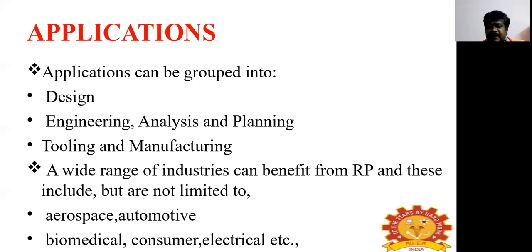The applications we can group into various types of engineering: automotive, automobile, mechanical, then analysis, planning, tooling, rapid tooling, say RTV, silicon molding, vacuum molding. So in manufacturing, the industries are widely benefiting from rapid prototyping.